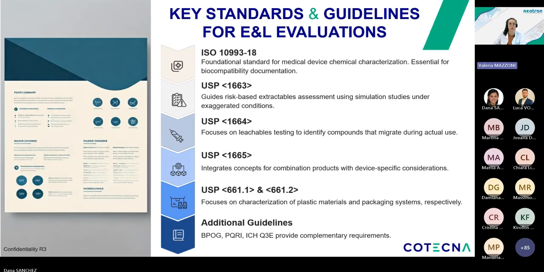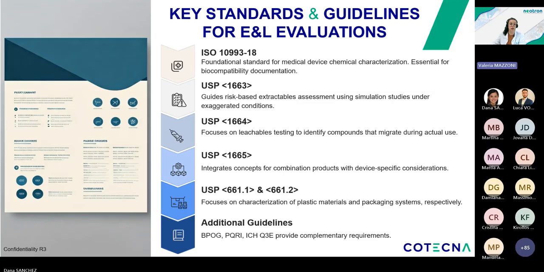Then we have USP <1663>, which outlines how to conduct a risk-based assessment of extractables using simulation studies under exaggerated conditions. USP <1664> complements that with guidance on leachables testing, focusing on what compounds may actually migrate under real-world use.